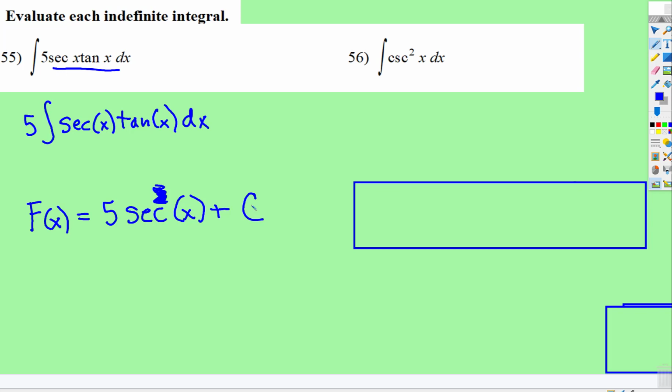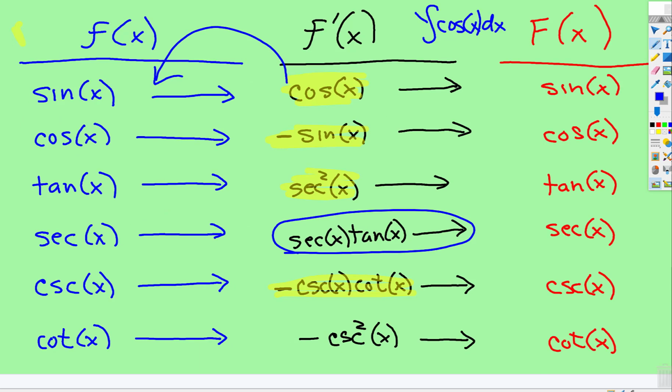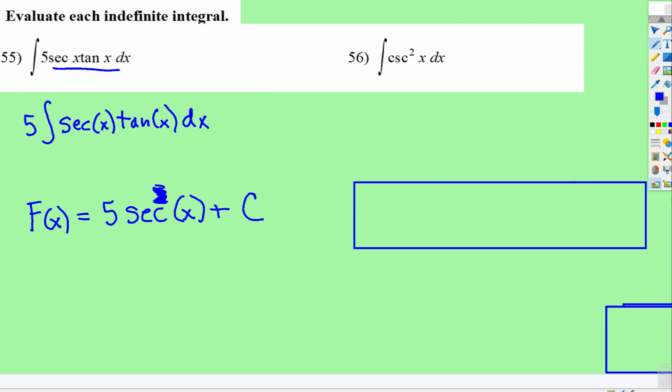All right, now we have cosecant squared x. There isn't one whose derivative is cosecant squared x, but there is one whose derivative is negative cosecant squared. So what we do there is capital F of x.